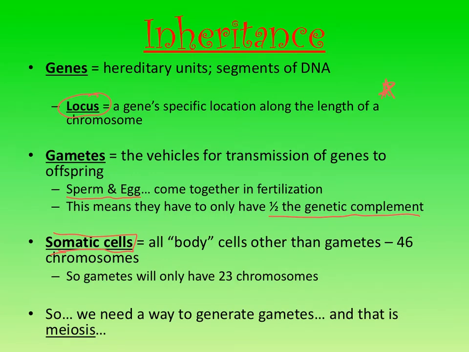Somatic cells in humans will have 46 chromosomes. So these are things like skin cells and fat cells and brain cells and bone cells. But gametes are going to carry only 23 chromosomes for humans. And so we need a process to create a cell that only has 23 chromosomes versus 46. And that's where meiosis comes in.